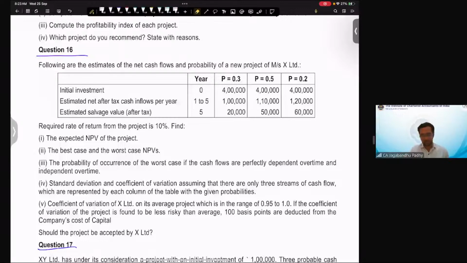Now, worst case NPV is, you're getting a cash flow of only 1 lakh for the next 3 years. In the worst possible situation, we say that your entire cash flows in the subsequent years, in the future years, are going to be the lowest possible number. And the best case will be, you'll be receiving the highest amount of cash flows possible in the subsequent years.